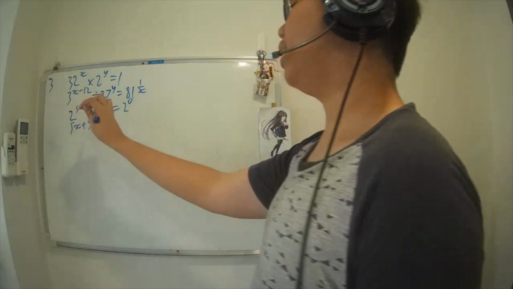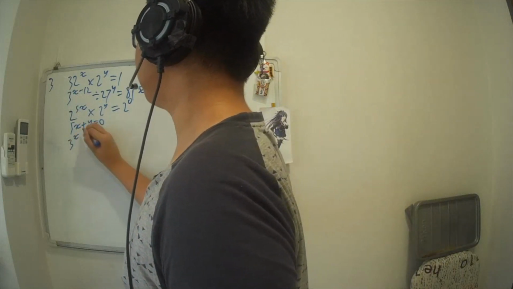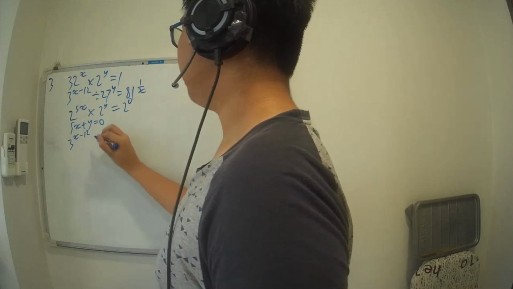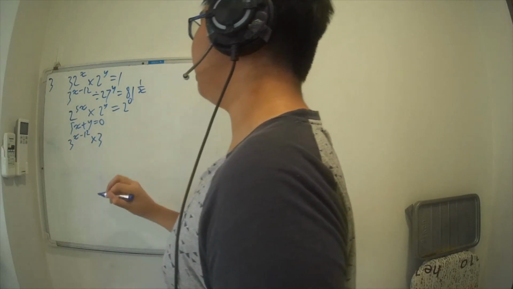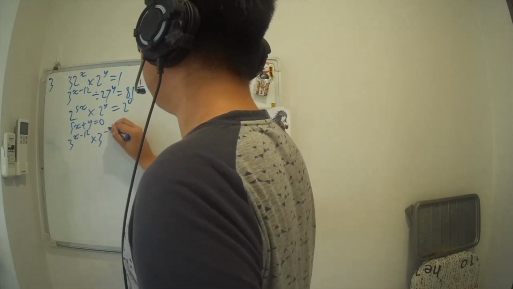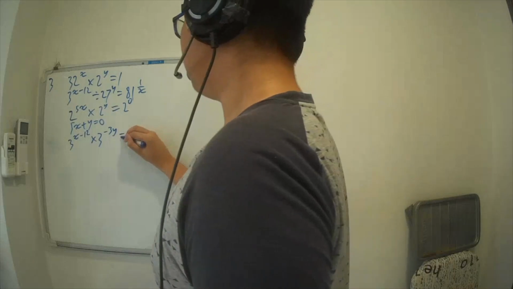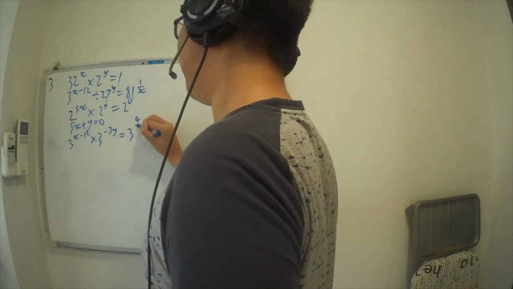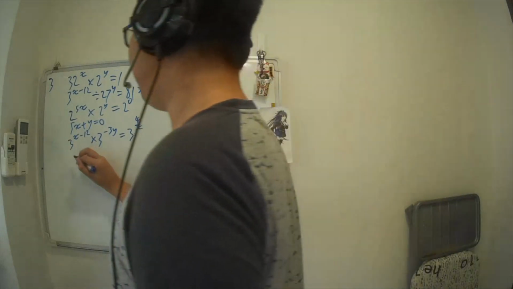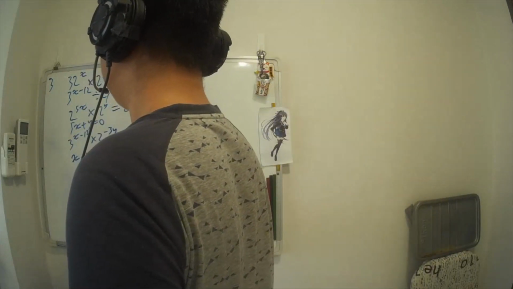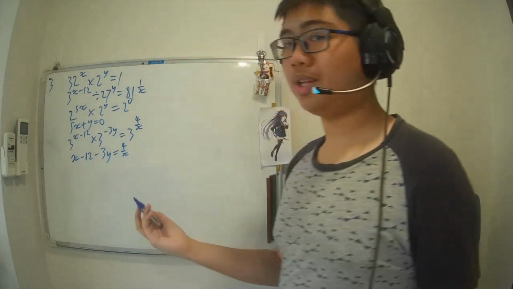And then let's look at the second one. 3 to the power of x minus 12 times 3 to the negative 3y power, right? Because this is 3 cubed, is equal to 3 to the 4 over x power, right? That means that x minus 12 minus 3y equals 4 over x. So this is our second equation.